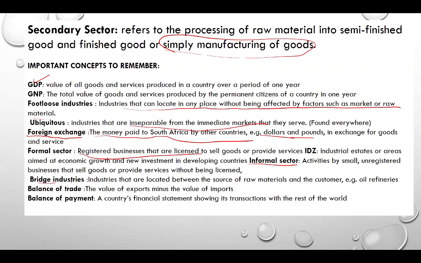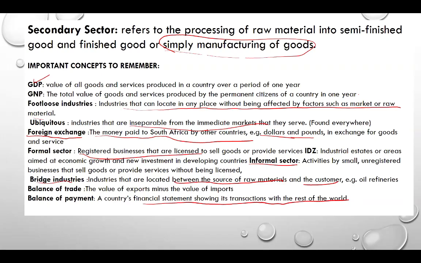Then you have your bridge industry, industries that are located between the source of raw material and the customer. And then you have balance of trade, which is the value of exports minus the value of imports. And you have balance of payments, which is a financial statement showing its transactions with the entire world.